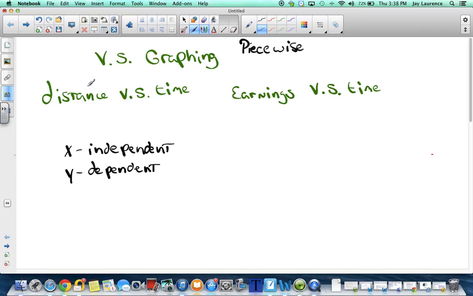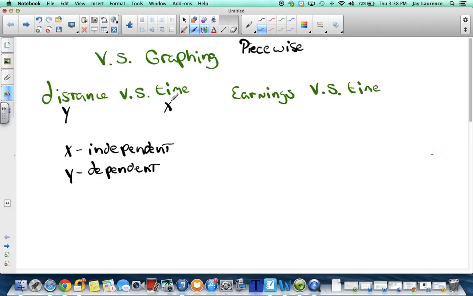Does the distance you go depend on the time, or does the time depend on the distance? Well, the distance depends on the time. The longer you drive, the further you go. So the distance depends on how long you've been driving. This is your dependent variable, y, and your independent variable is the time.